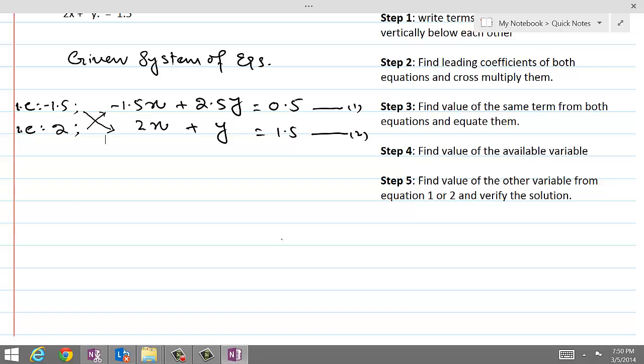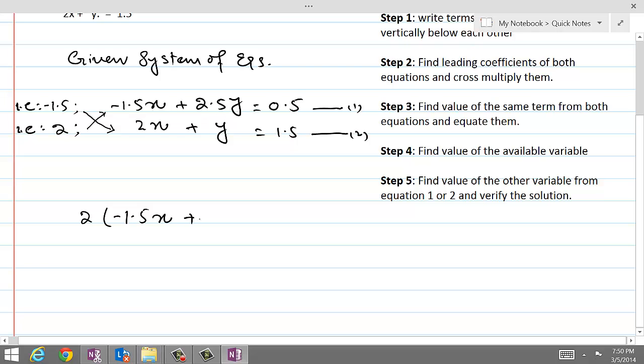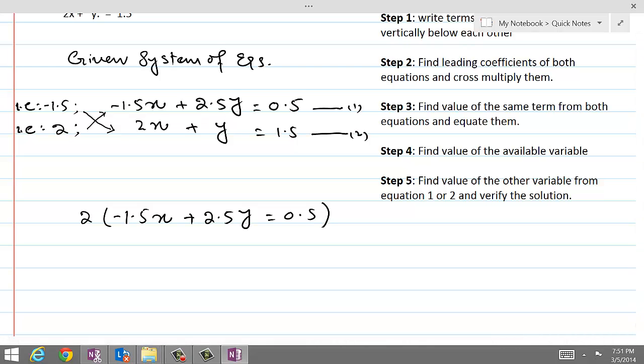Let's do that. For equation 1, we will multiply 2 with minus 1.5x plus 2.5y equal to 0.5. That was equation 1, and we multiplied the LC of equation 2.